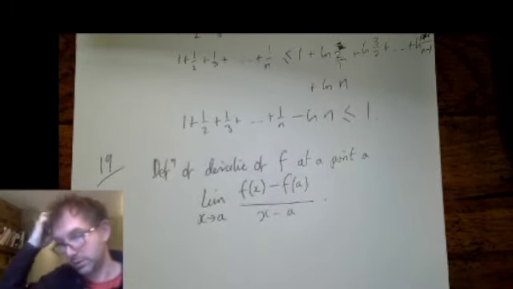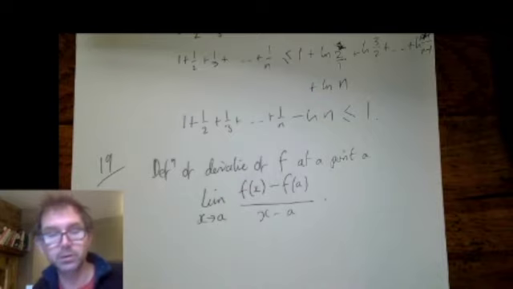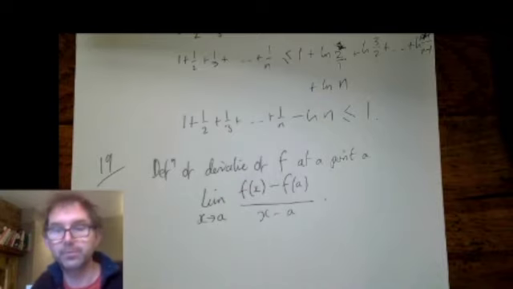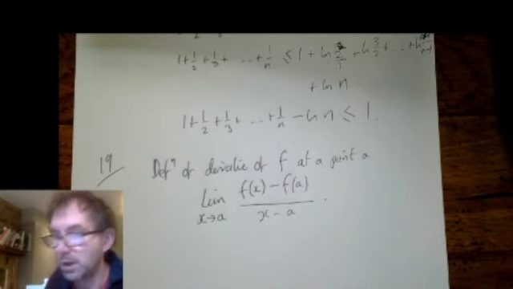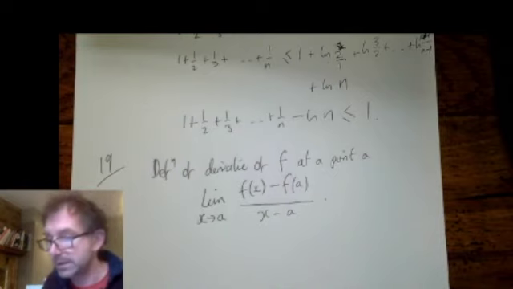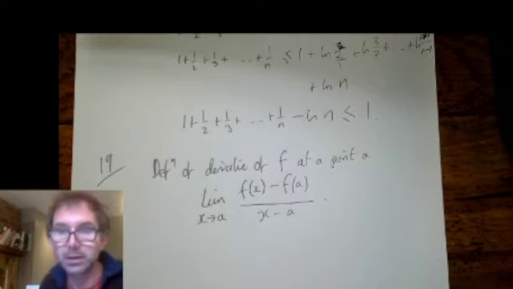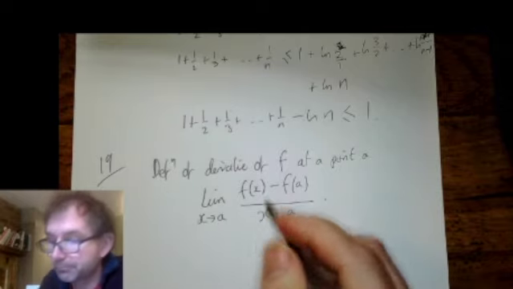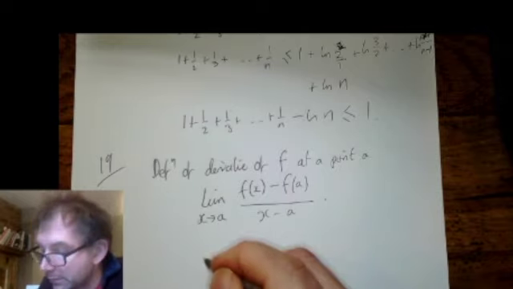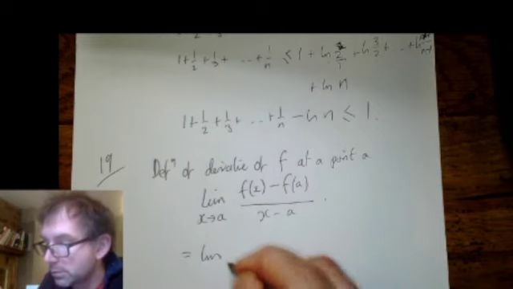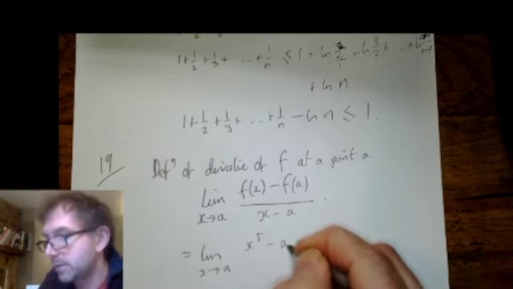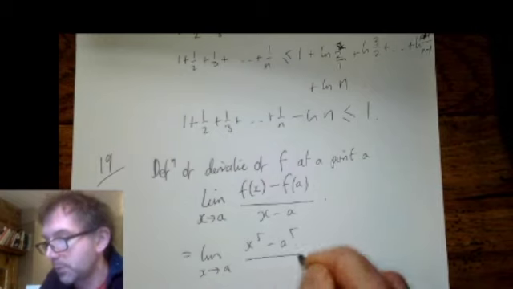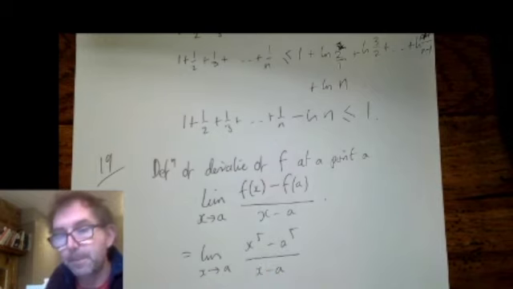Of course, there are examples of functions that are not differentiable, and so you can't necessarily find this. Okay, well, it's just a case of plugging in what f is, and it's just x to the 5. So this is equal to the limit as x tends to a of x to the 5 minus a to the 5 over x minus a.